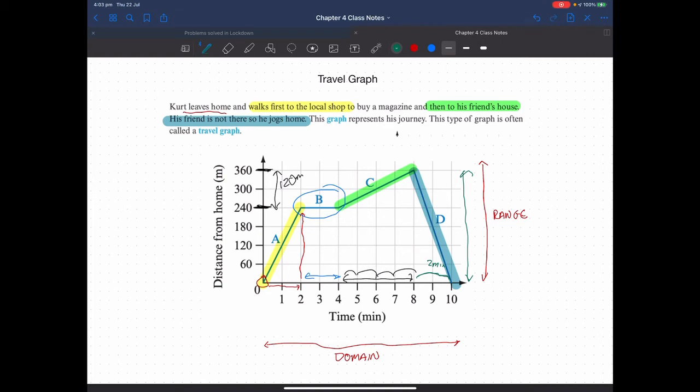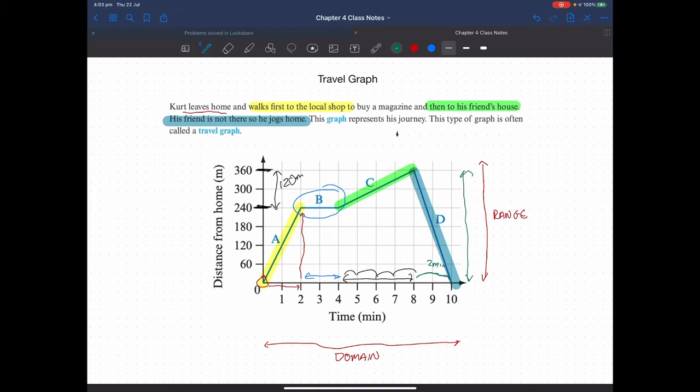His friend wasn't home, so then he returned to his own house jogging. It took him 2 minutes to return home, which was travelling 360 meters. Now we're going to look at the 3 lines that I've highlighted.